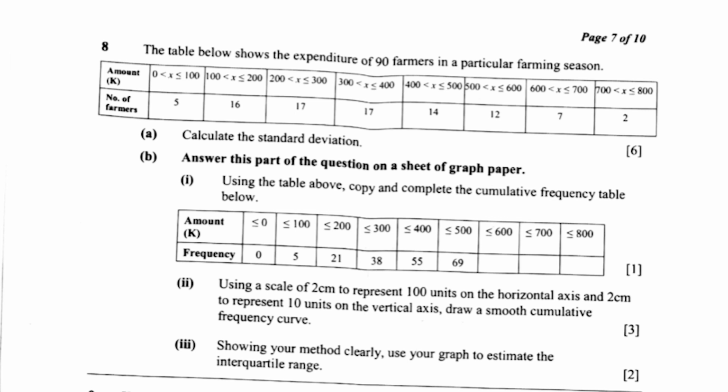This question carries 6 marks, and there are other components you need to know to find the standard deviation. For example, you're supposed to find the mean, and this mean will be used later on to find the standard deviation.